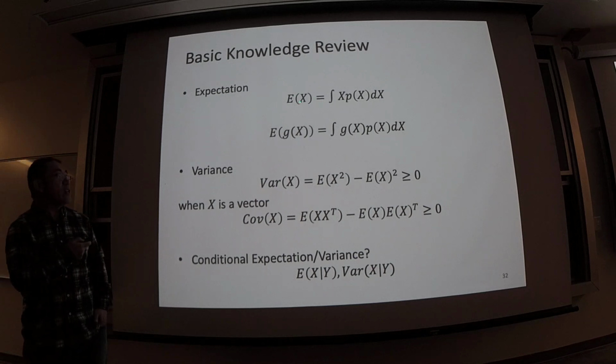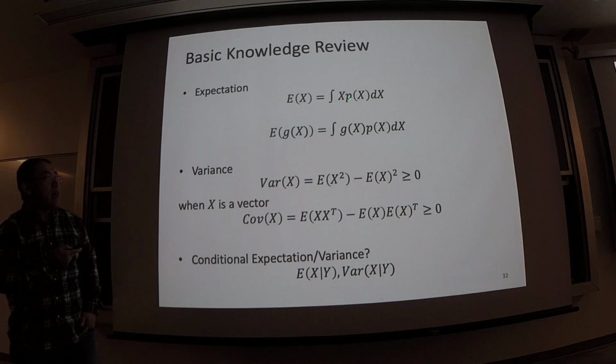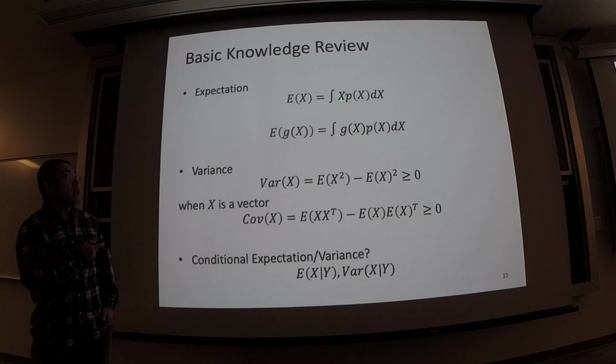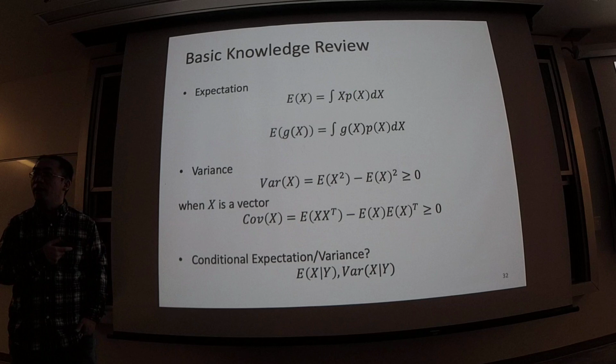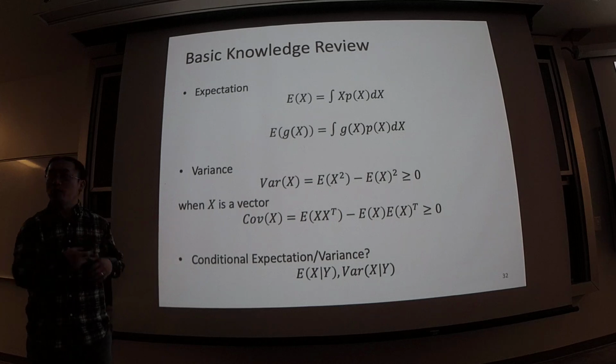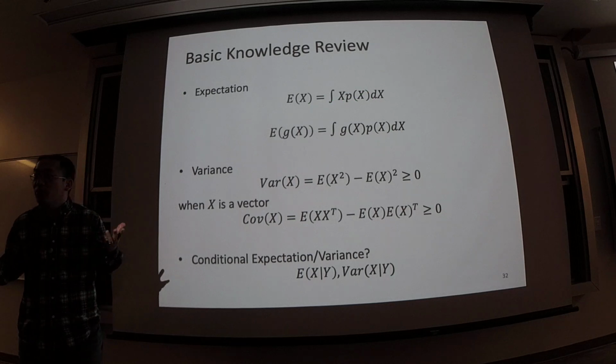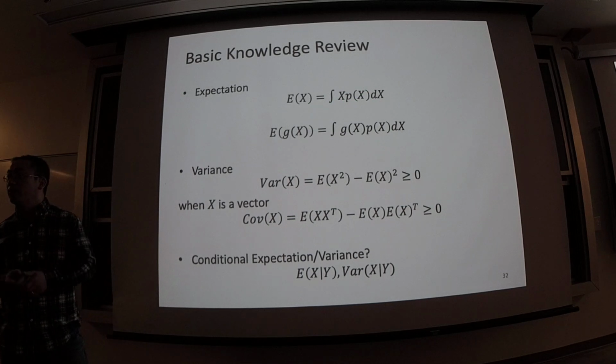So the definition of expectation is an integral, where the integrand is x itself multiplying its probability. So if x is discrete, p of x is discrete as well. You can see this is actually a weighted average, right? But if x is continuous, p of x is continuous, this is actually an integral. So conceptually, they're the same. It's just a weighted average.